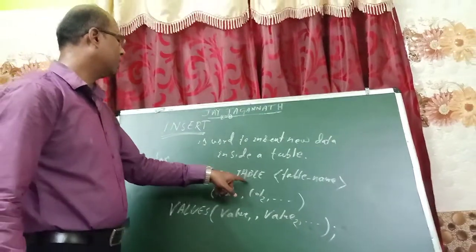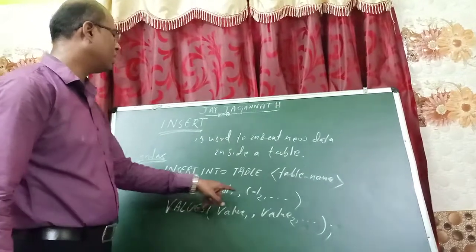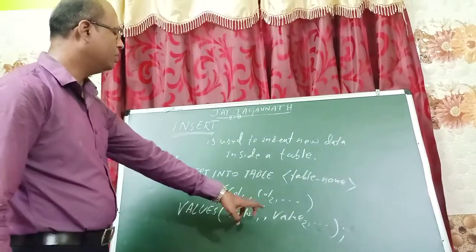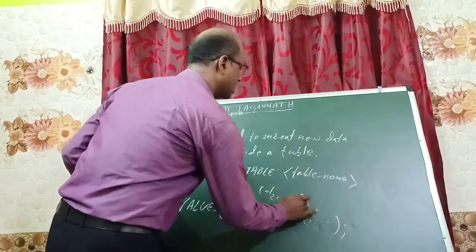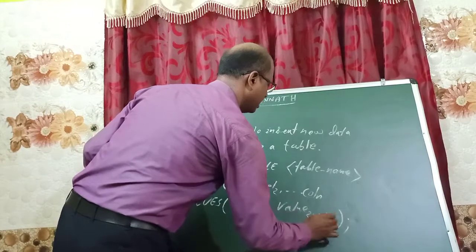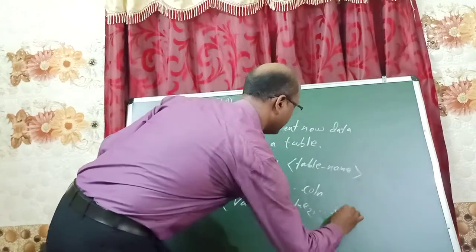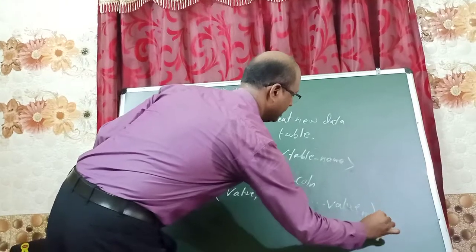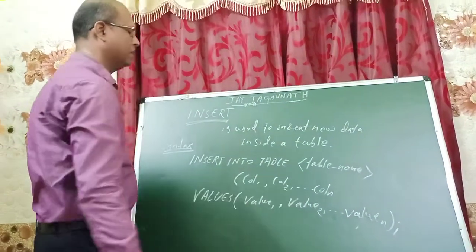Insert into table name, column 1, column 2, dot, up to column n, values, value 1, value 2, dot, up to value n. You can say column n, and here value n. Semicolon.